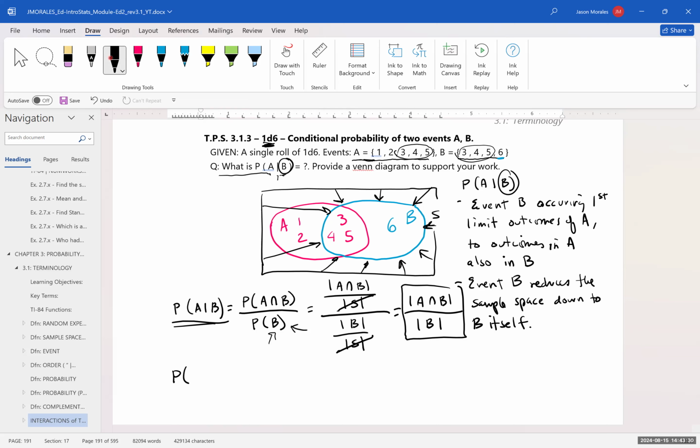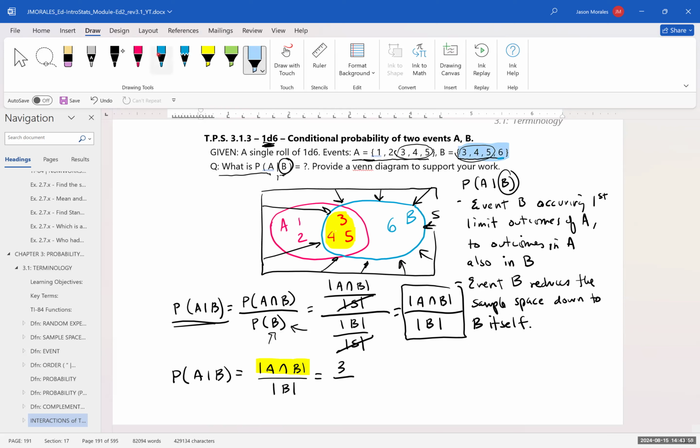Okay, so the probability of A given B is the order of A intersect B all over the order of B. And so how many elements do we have in the intersection? We've got 3. And how many elements do we have in B? We've got 4.